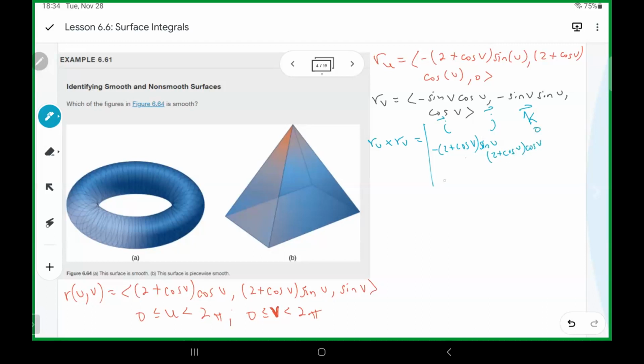And then minus sine v cosine u, minus sine v sine u, and then cosine v. All right. I am hoping at this point that you guys can handle that cross product.